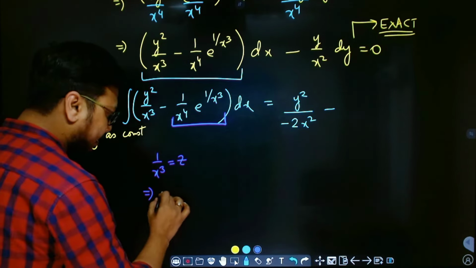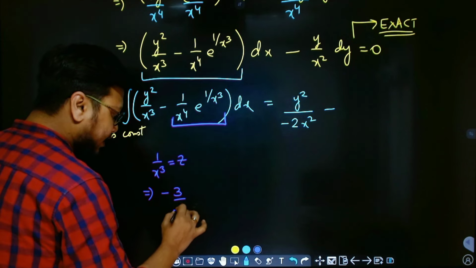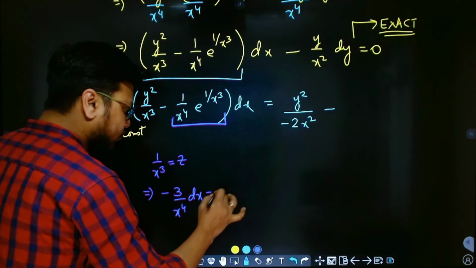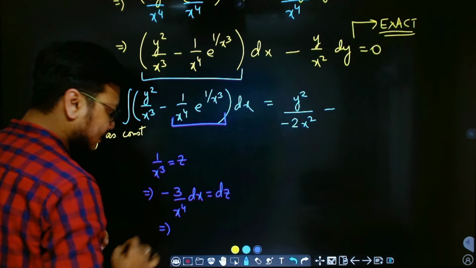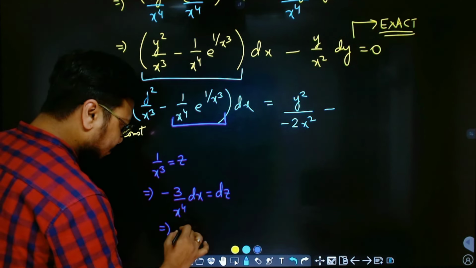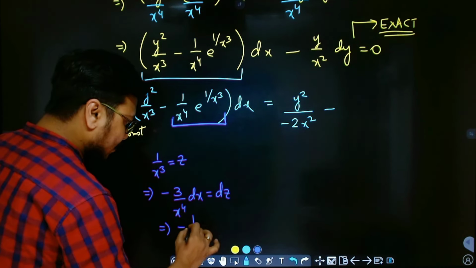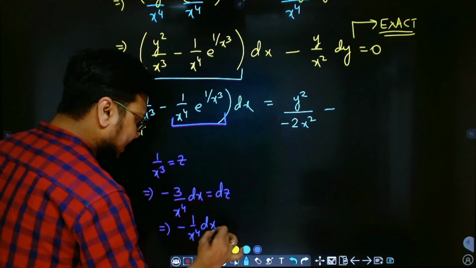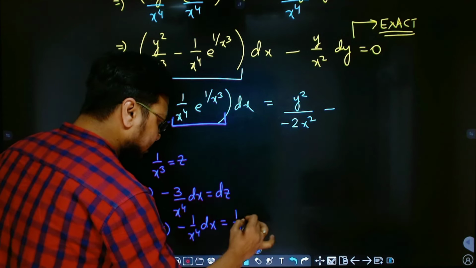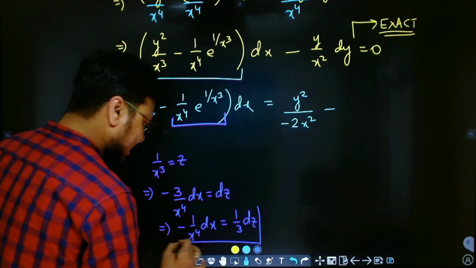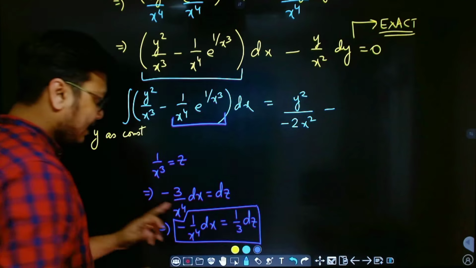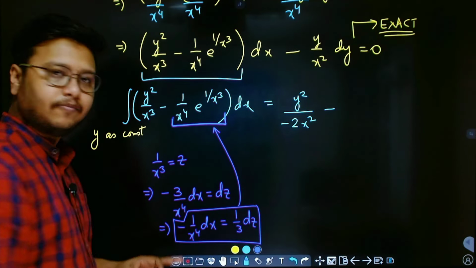Upon doing this derivative, I would have minus 3 by x to the power 4 dx equals dz. So that would mean minus 1 by x to the power 4 dx equals 1/3 dz. So I can substitute this in the integration, right?